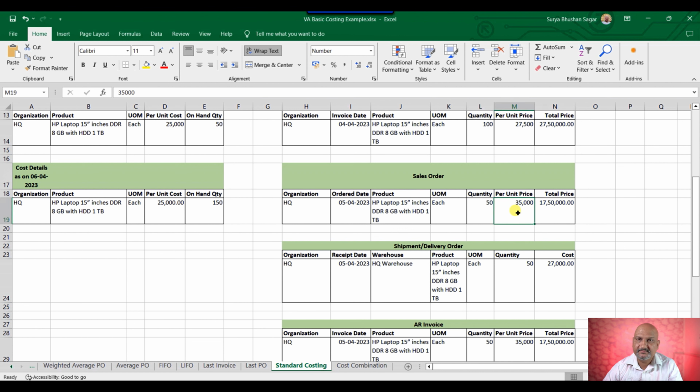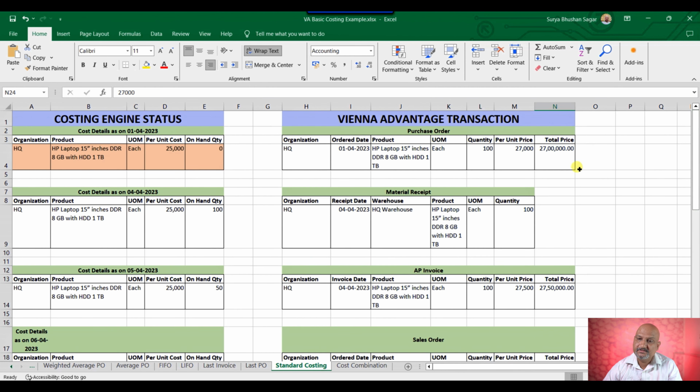It is going to be 35,000 in our example, and thereafter we did the delivery of 50 quantities on 5th of April. At this time it is not going to be 27,000. People think that it is going to be 27,000, since our procurement happened at 27,000.